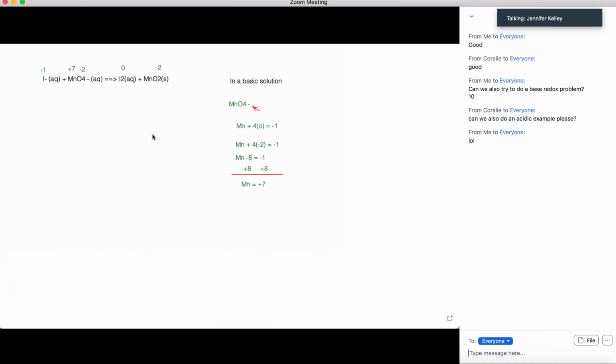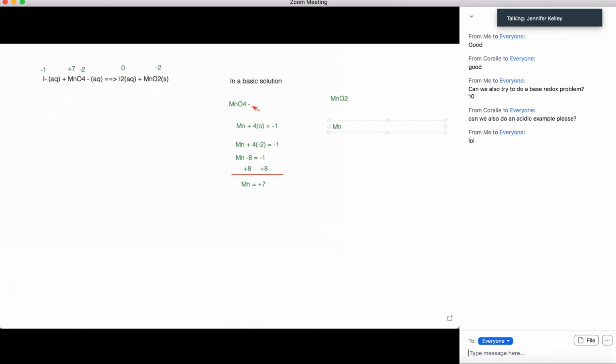Okay. Now, manganese is a transition metal. It's not always +7. So we're going to look at the other one, the manganese oxide, the MnO2. And it's neutral, so whatever these add up to has to be 0.